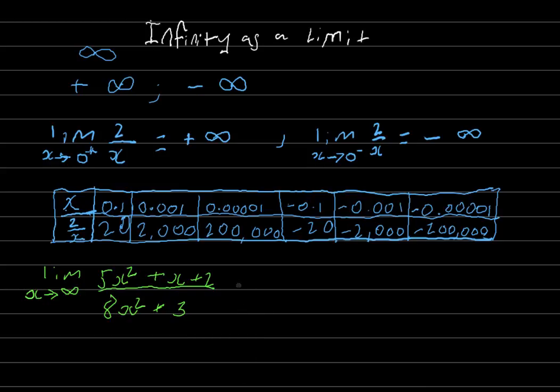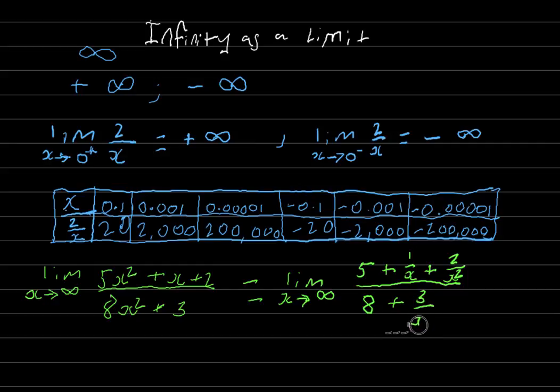This will amount to the limit as x tends to infinity of 5x squared divided by x squared, we'll have 5, plus x divided by x squared will be 1 over x, plus 2 divided by x squared will have 2 over x squared, all over 8x squared divided by x squared will have 8, and 3 divided by x squared will have 3 over x squared.